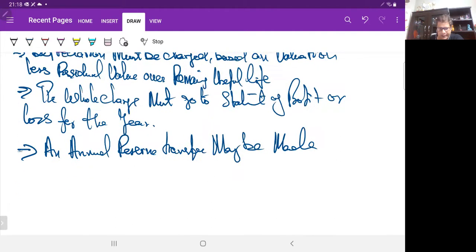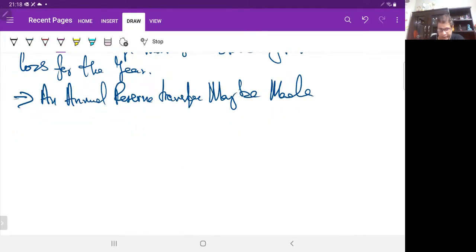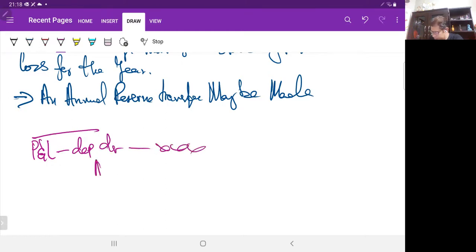What requirement journal entries will be needed? Profit and loss expense, that is your depreciation charge, will be debit. Accumulated depreciation, that means depreciation which has been charged till now, will be credited.